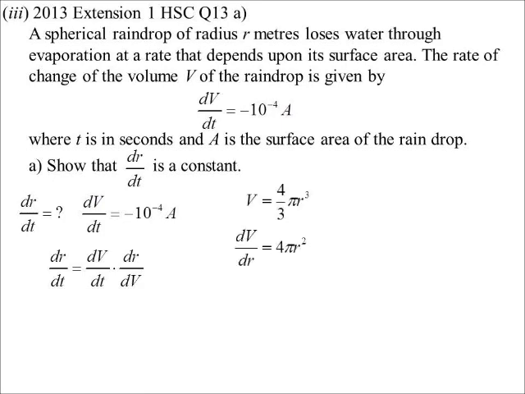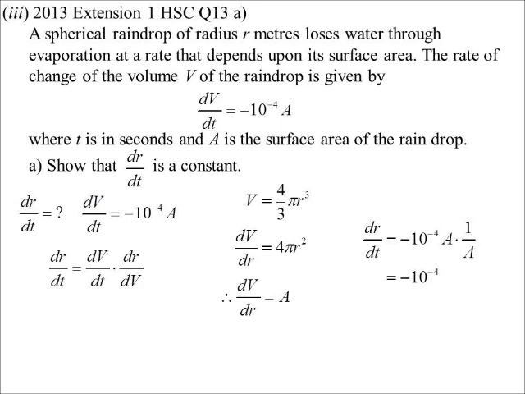So dv dr, once again, there it is. Dv dr is 4 pi r squared. So dv dr is in fact, and that's what I was talking about before, the surface area. That's the trick with this one. If I change that to be just A, then when I sub into our formula for dr dt, I get minus 10 to the power of negative 4A times 1 on A. The A's cancel and I get left with a constant number.